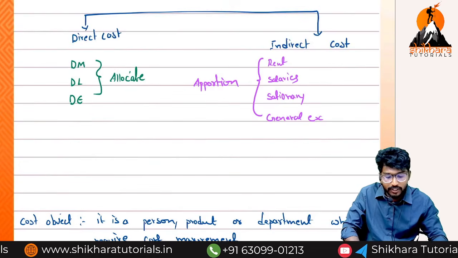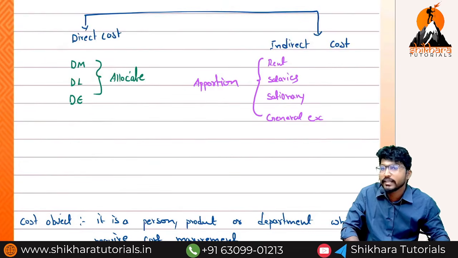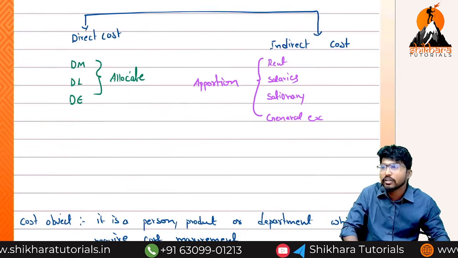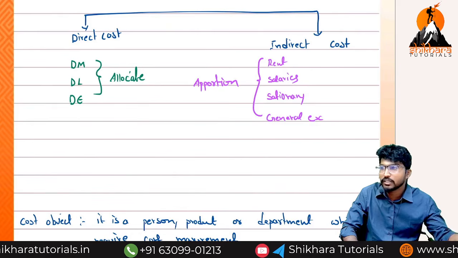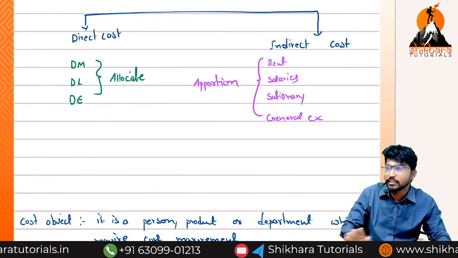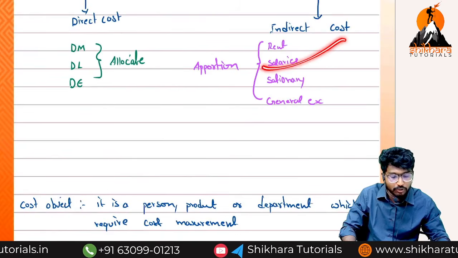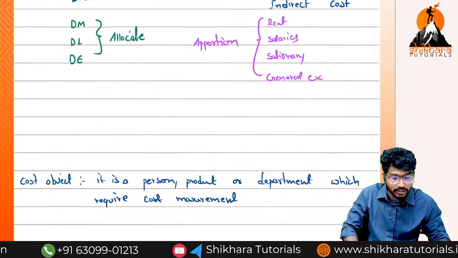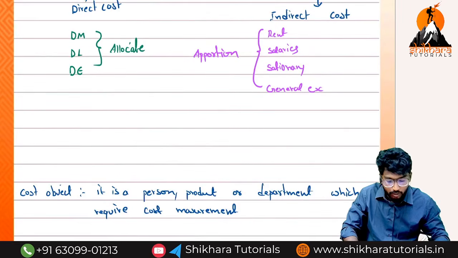So we don't have any problem allocating the direct expenses. If you use the traditional costing method or if you use the ABC costing method, the treatment will be the same. But when it comes to indirect cost, we have to apportion. For apportioning this indirect cost, we have two methods.